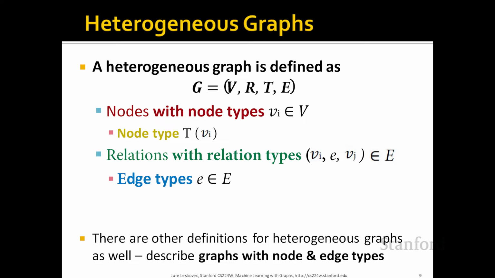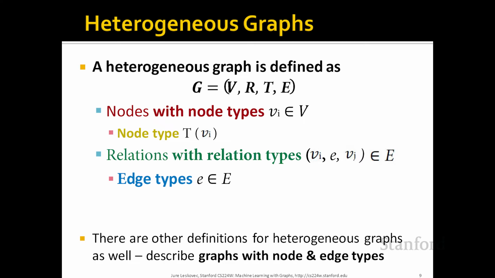First, we have nodes with different node types. So Vi is a particular node inside a set of nodes, and each node is described with a particular type. To get the type of a given node, we have this transformation T that tells us the type of a given node Vi.